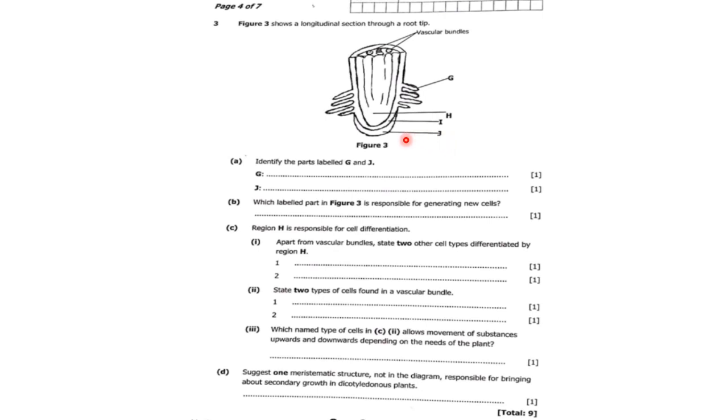G is the root hair. Those are root hair cells. And J is the root cap. So those are the answers. B. Which labeled part in figure 3 is responsible for generating new cells?